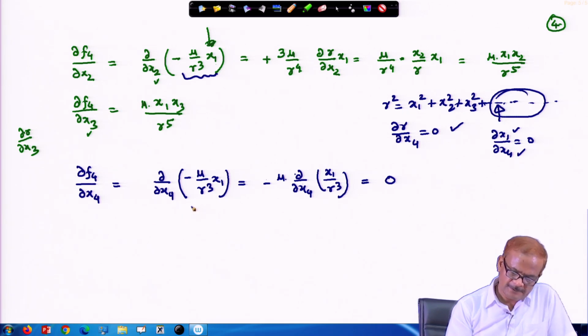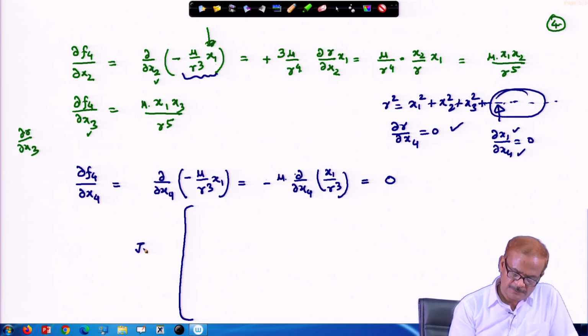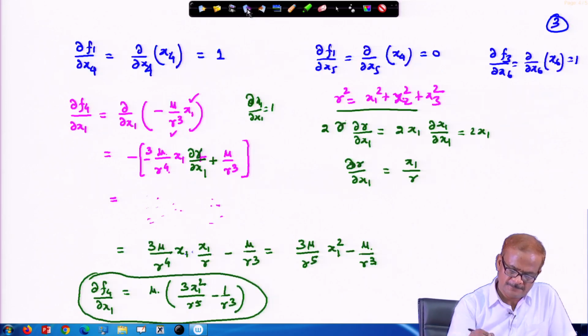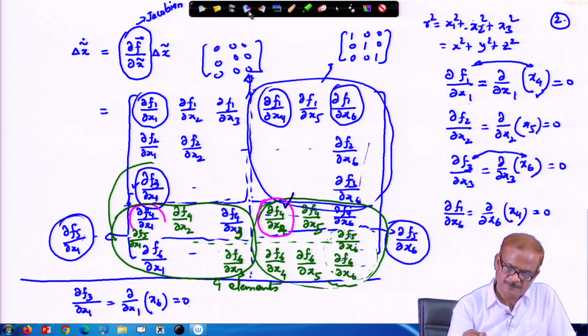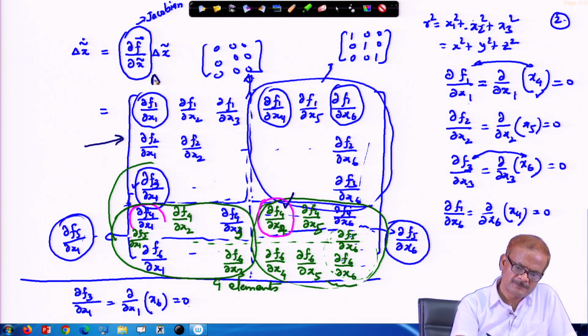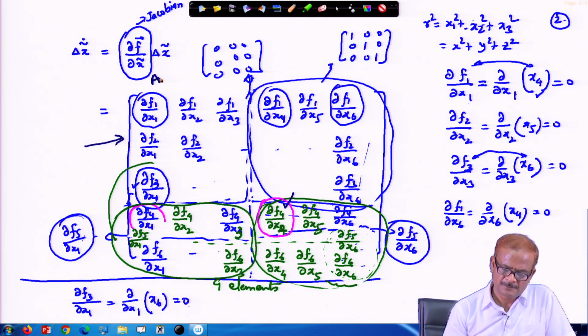So, finally, we can write this as the Jacobian matrix, which we were writing. Let us say this Jacobian matrix we write as A. Okay.